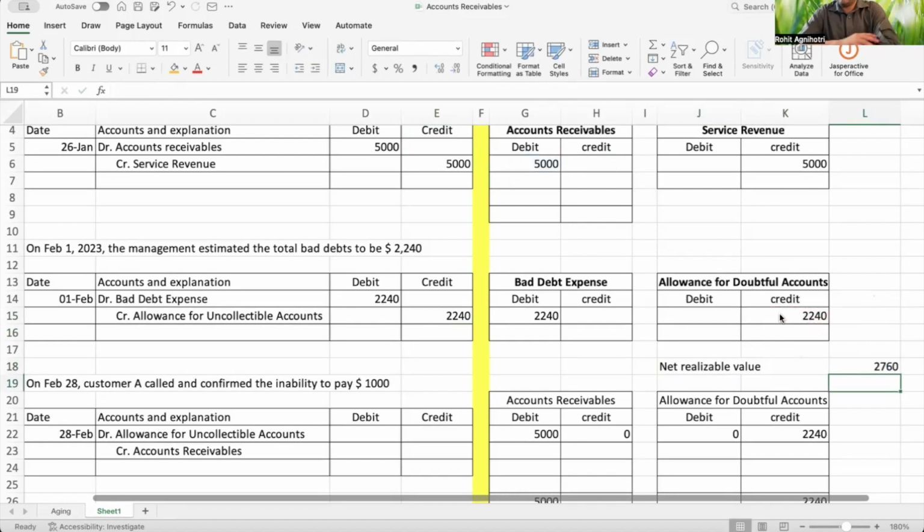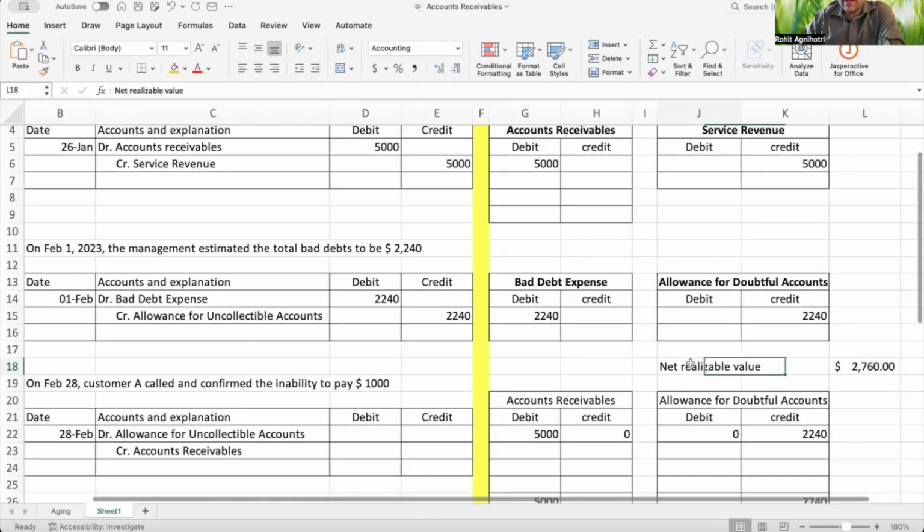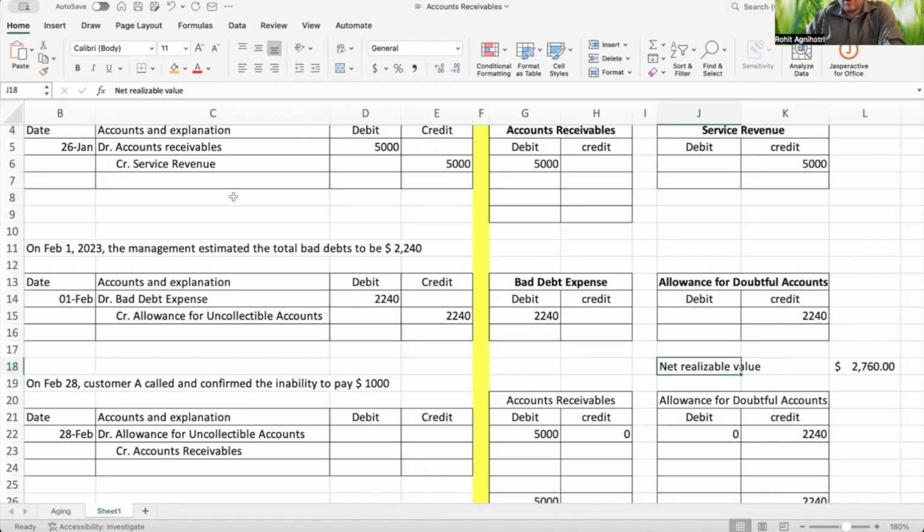The net realizable value is $2,760. This is the amount that we think this particular customer is going to be able to pay us. This is your estimation. So net realizable value, the formula is your accounts receivable minus your allowance for doubtful accounts.